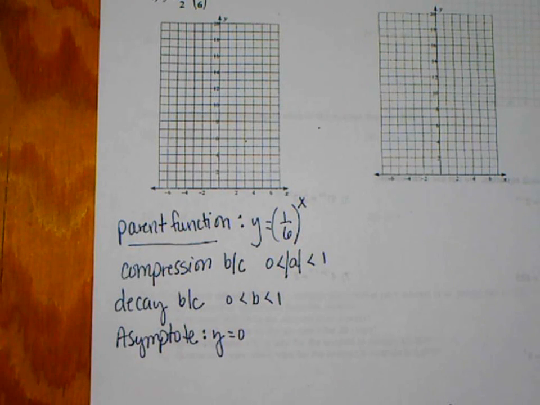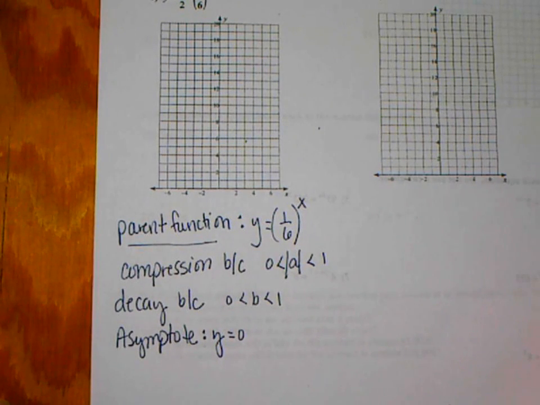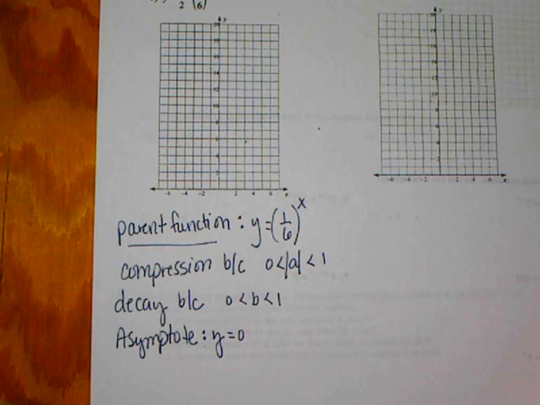It did not ask me to describe the domain and the range, but I'm going to do that after I graph. Okay, so I know it's going to be a decay. Do I know what my y-intercept is going to be? I do.